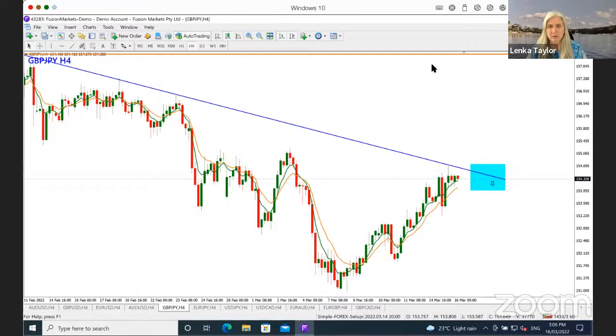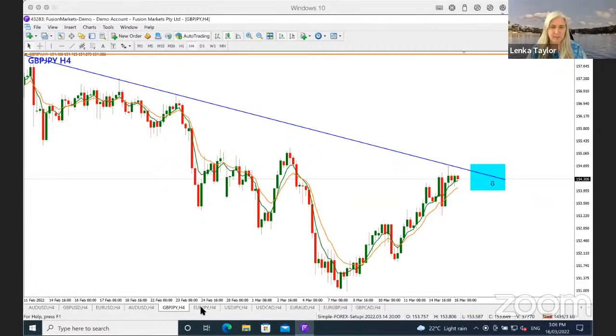What I would like to see is if the price goes sideways, a little break, a false break above this sort of level, and then I would be looking for short. That would be ideal. So let's see what happens in the next few bars there. GBP JPY, looking for short.